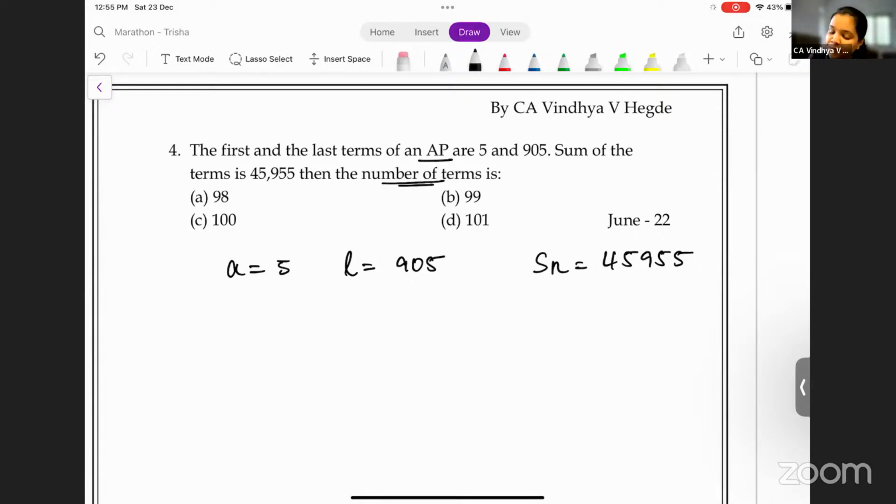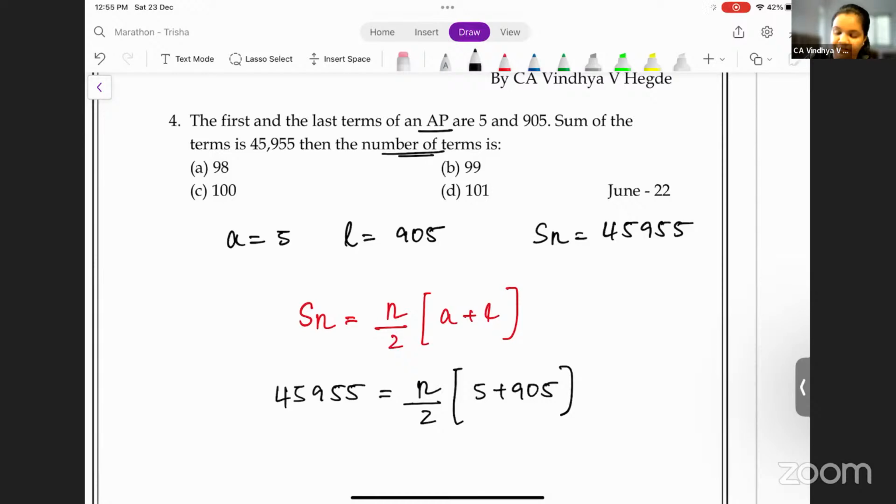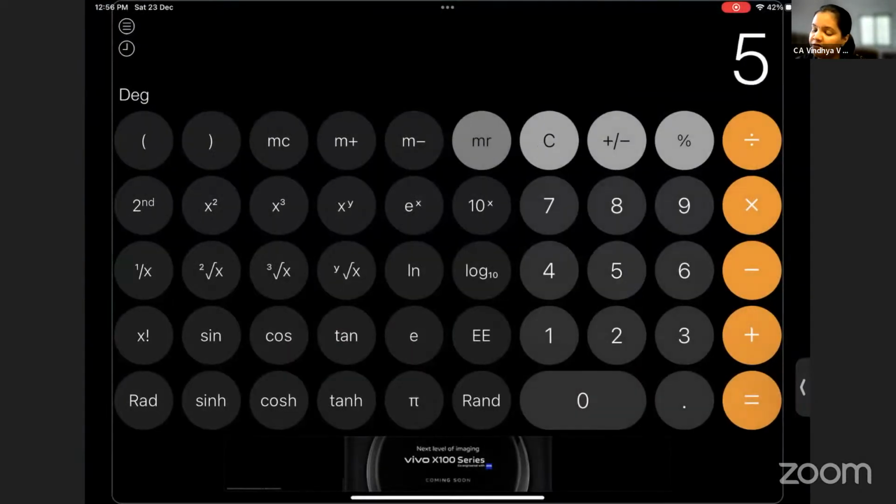We'll use the Sn formula. Which formula of Sn will we use? We'll use the second formula, which has L, n by 2 into A plus L. Substitute. You will get 45,955 is equal to n by 2 into 5 plus 905. Correct? Yes. You can simply do this. 5 plus 905, so 910 divided by 2 is 455. Correct? Yes.